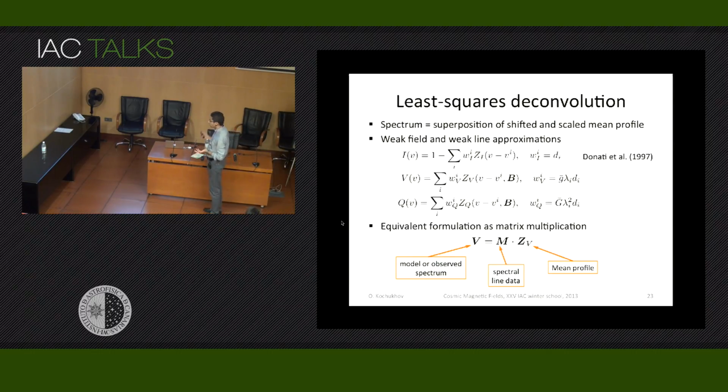And for Q, for linear polarization, it is this capital G, sensitivity to linear polarization, times the square of the wavelength times the line depth. Okay? And these formulas can also be equivalently written as a convolution. You can convolve this mean profile Z with the line pattern and get the spectrum, or it can be written as a matrix multiplication. So we have the mean profile multiplied by this line pattern matrix M, which is built by knowing the central wavelength and knowing these weights. And this is the model of the observed spectrum.